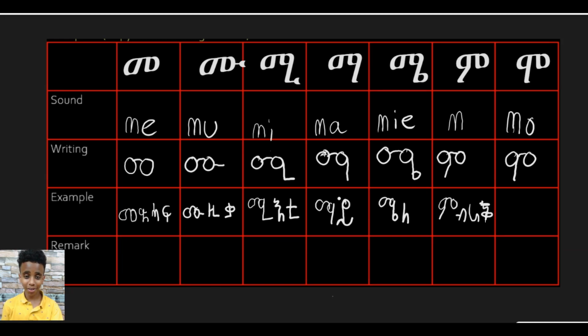Our last letter is the letter Mo, and an example of that would be Moya. Moya in Tigrinya means career in English.